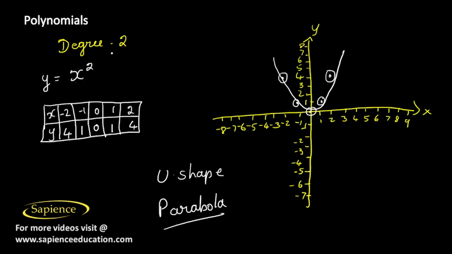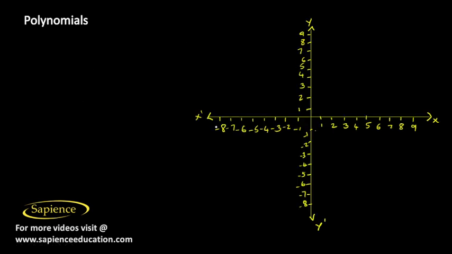For this second degree polynomial, the number of zeros is only 1. But it is possible to get more than 1 zero. We can see this in this example, x square minus 3x minus 4.